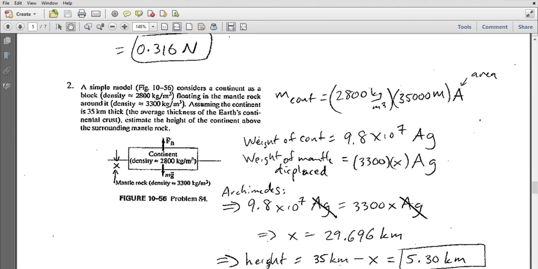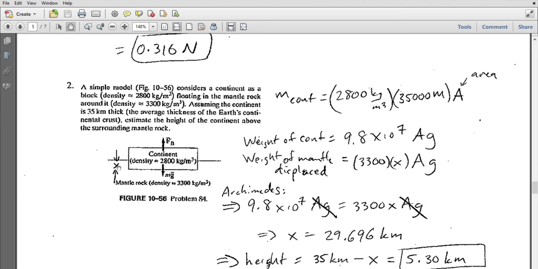So this sounds like that ice cube problem. In this case, it looks like I did something a little bit different than the ice cube problem. I called x the height of the continent that is underneath the liquid mantle rock that it's floating in.